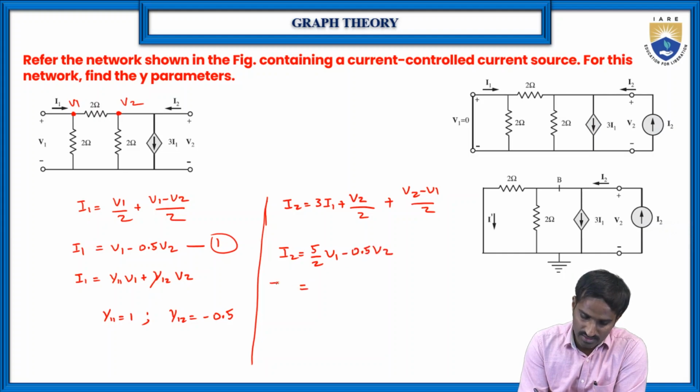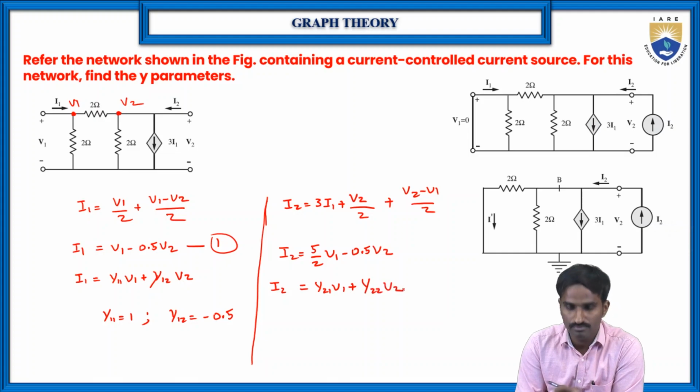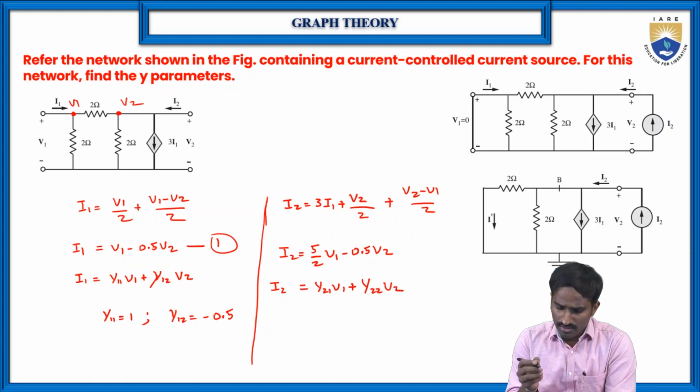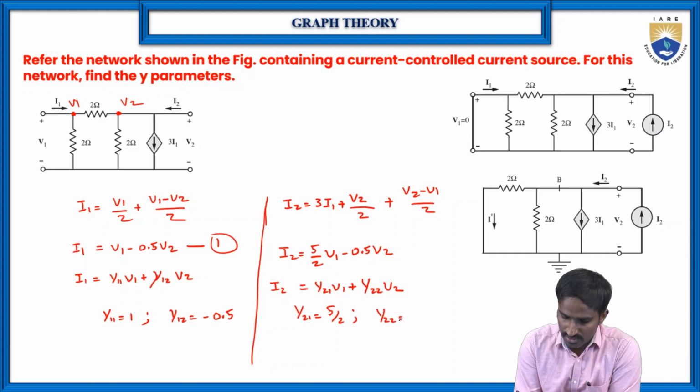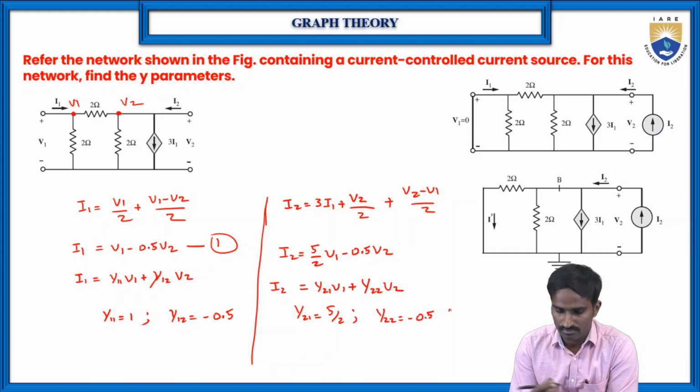Again if you compare this, I2 is equal to Y21 into V1 plus Y22 into V2. Then in place of Y21 it is 5 by 2, and in place of Y22 it is minus 0.5.